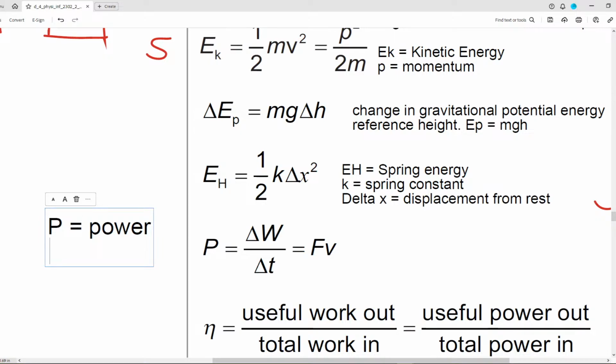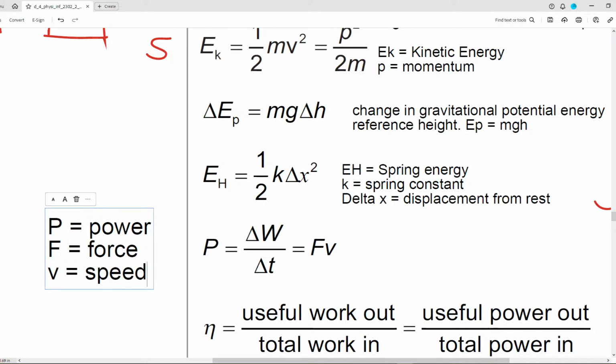You can show that it's equal to Fv if F is constant. So F here is the force, and v here is speed. Once again, it's very easy to show that just by using work equals force times displacement.